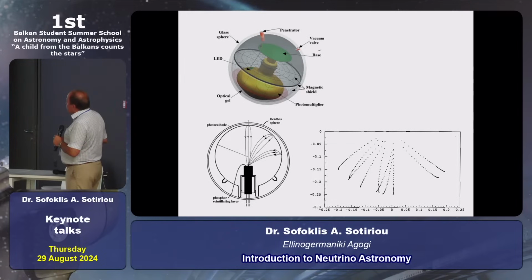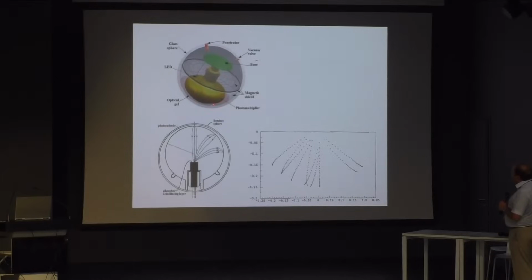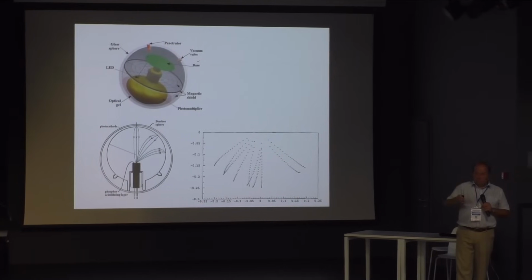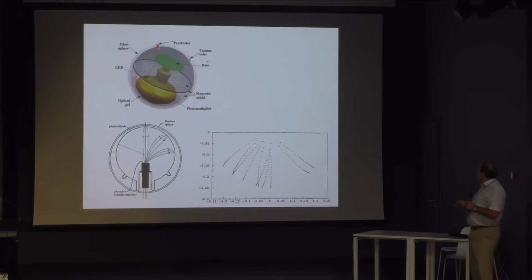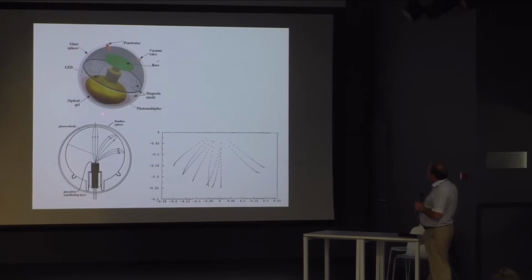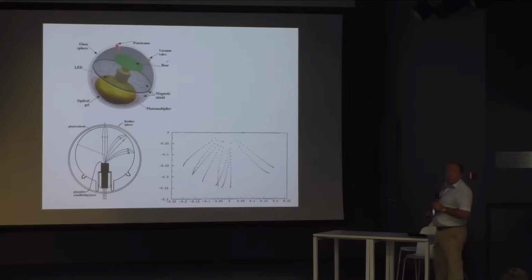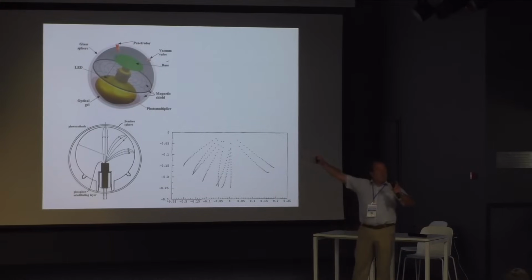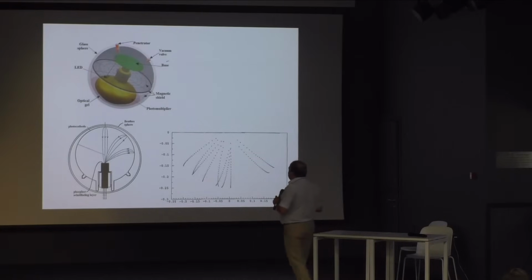So what is the photomultiplier? In principle, it is a device that is able to see only one photon and transform this photon to a strong signal that we are able to record and say, yes, there was light in this photomultiplier, in the other photomultiplier, and so on, and in this way we will be able to reconstruct the track.